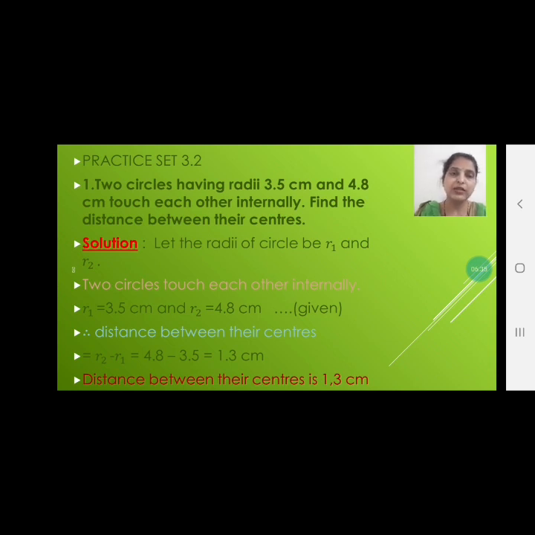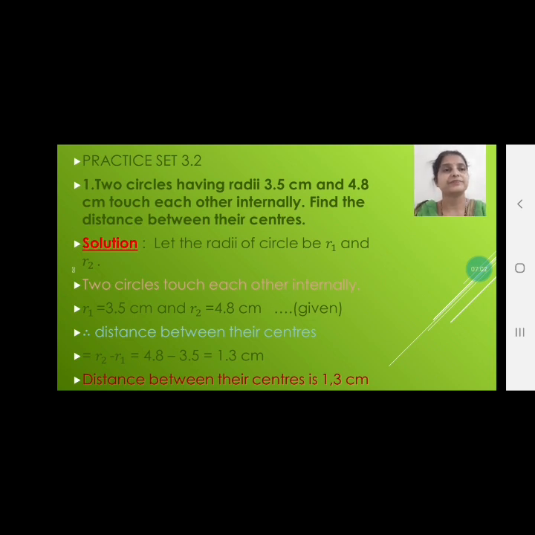Let R1 be 3.5 centimeter and R2 be 4.8 centimeter. So the distance between the centers will be equal to R2 minus R1, that is 4.8 minus 3.5, equal to 1.3. So the distance between the centers is 1.3 centimeter.